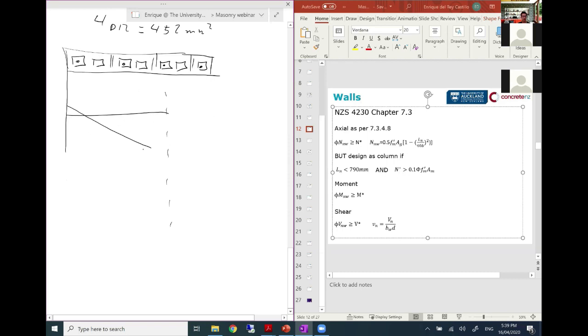So that's our strain profile. This is step 4. My strain there is 0.003. This is C. This is the strain of the first bar, this is the strain of the second bar, and then the strain of the third bar, and so on. And then we have the distance. So we have 500 millimeters from that point, and this is 100 millimeters from that point. So basically that bar is 100 millimeters from there, and that bar is 500 millimeters from there.